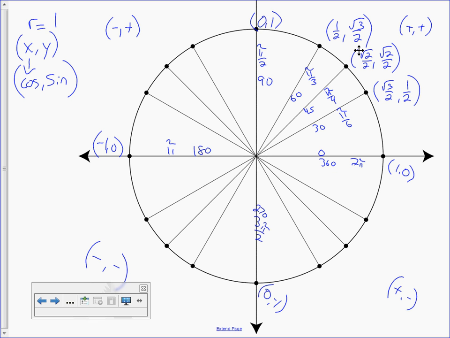Now comes the fun part. I think we briefly discussed this on Monday when we were looking at the unit circle. If I were to just draw a horizontal line from pi over 6 to here, what do they have in common on a horizontal line?